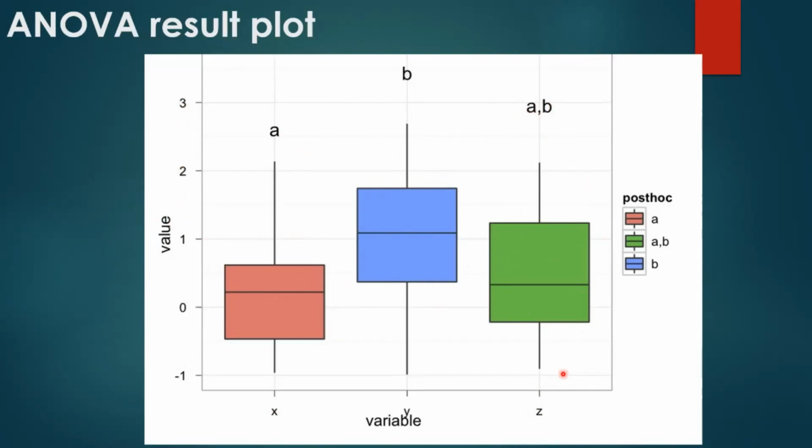And at the same time, Y and Z are not significantly different because you have B and B there. But we can see that X and Y are significantly different because they have different letters. So we call them significant difference letters. This is something that is related to parametric ANOVA.